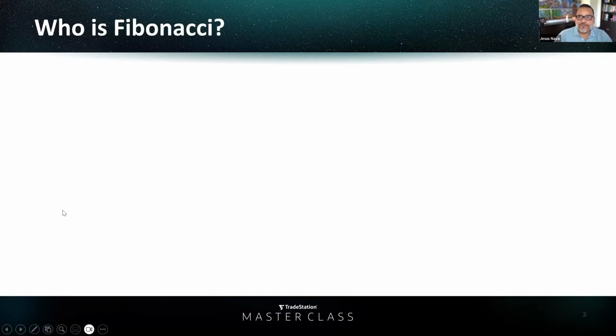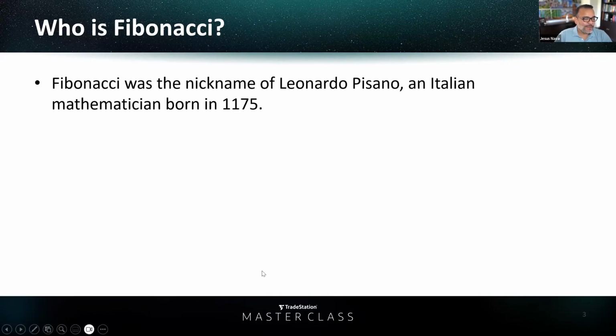But let's just briefly talk about who Fibonacci was and what is this Fibonacci number sequence that we talk about all the time. Fibonacci is the nickname of a mathematician who lived in the 12th century, around the year 1175. His name was Leonardo Pisano, probably because he lived in the city of Pisa, Italy. And he was the one who introduced the number sequence.